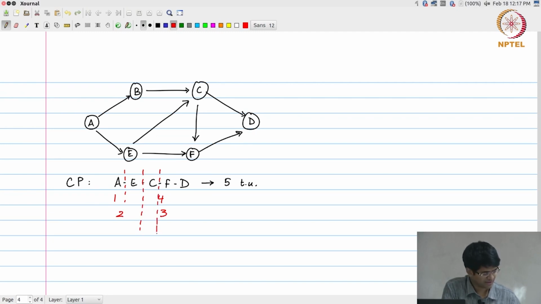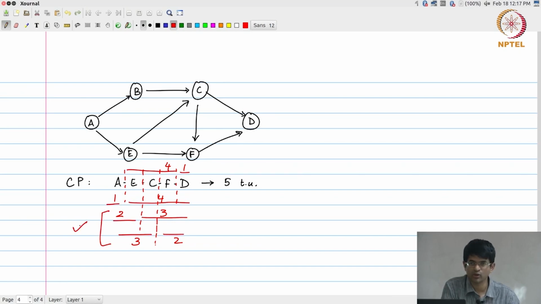If I break it here, I would get 3 on this side and 2 on this side, which is also okay. But if I break it here, I would get 4 on this side and 1 on this side, which is again not solving my problem. Okay. Right. So, one of these two is possibly what I am going to be looking at, right. Either I break the critical path between E and C or between C and F.